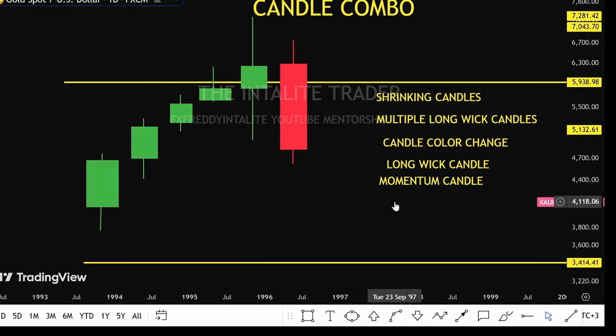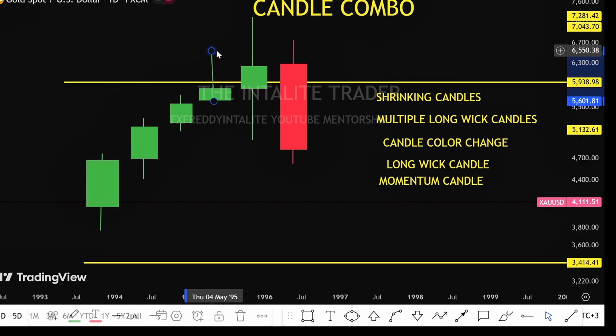So you realize on just one candle pattern like this, you have shrinking candles, you have multiple long wick candles because price tried here the first time, tried the second time, then the third time. So you have three long wick candles, they form multiple long wick candles.